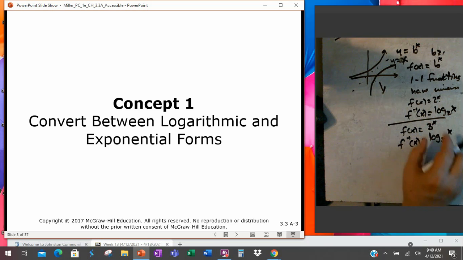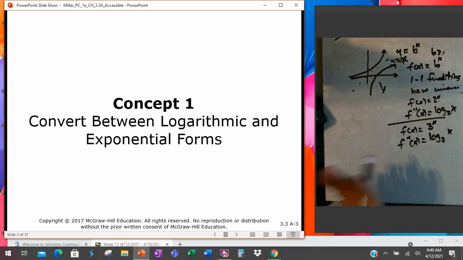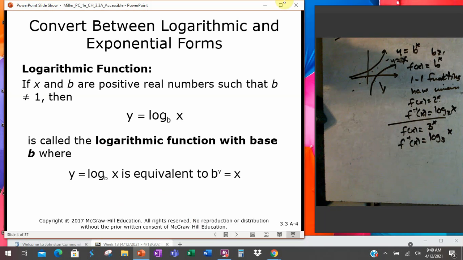These two are inverses. Every time I do an exponential, it has its own very unique inverse, and that's how we keep up with the different ones. So this is basically one way we're going to back into this thing, by going through the slides. So here is this logarithmic function.